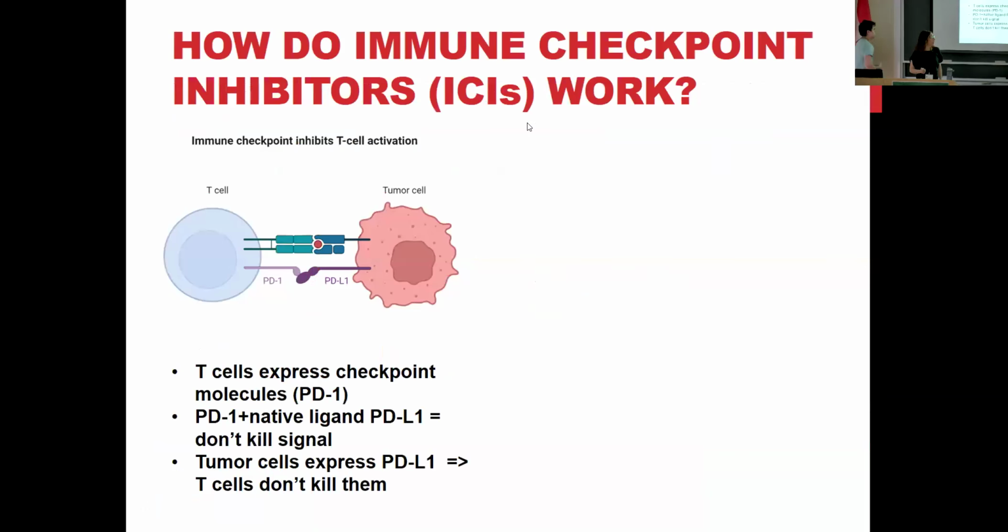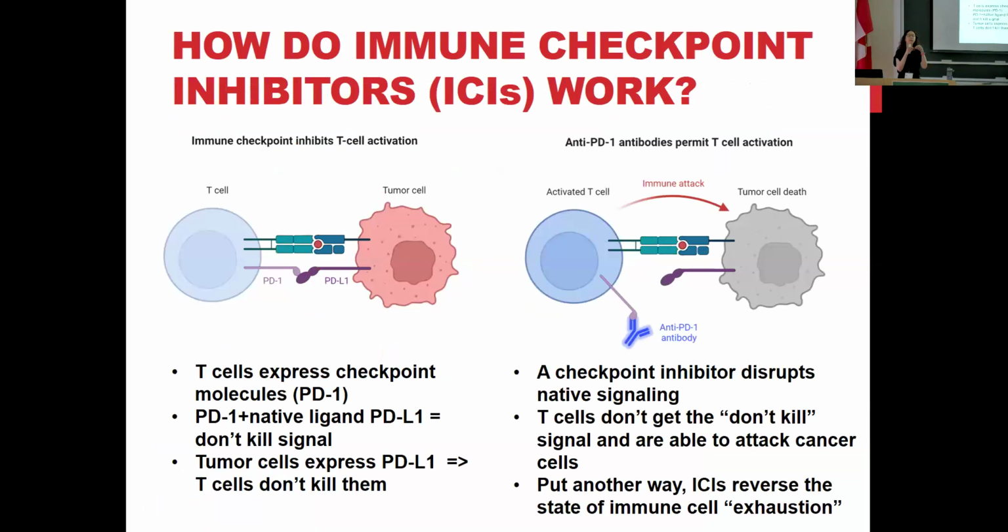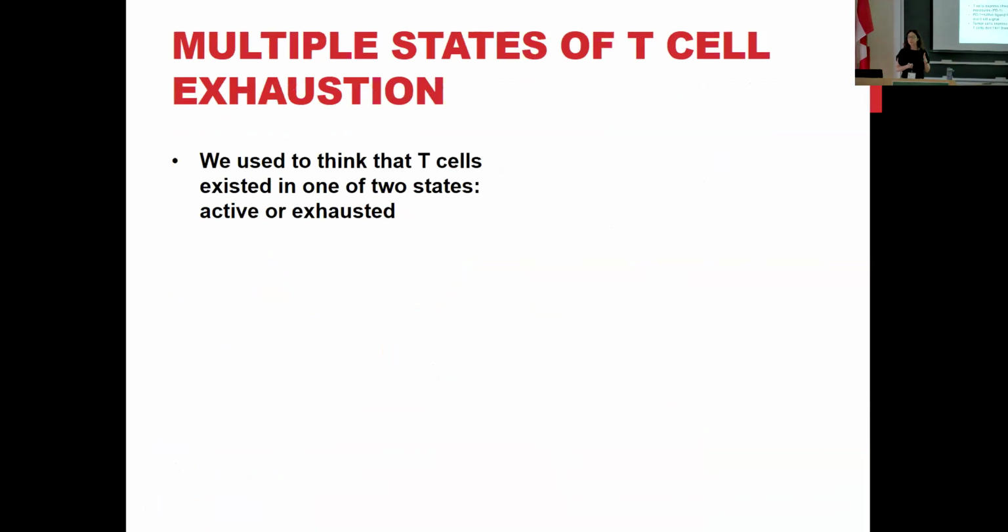Okay, so once that signal is disrupted, what then happens is the immune system is able to get the message to target the tumor cells for destruction. Put this another way, what immune checkpoint inhibitors do is reverse the state of immune cell exhaustion. And it used to be thought that that was sort of it with T cells. They could be exhausted or they could be active.